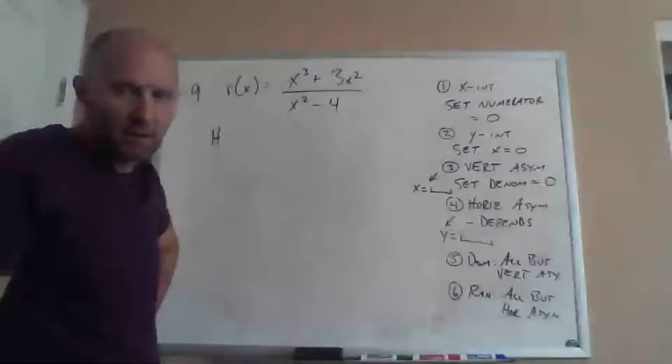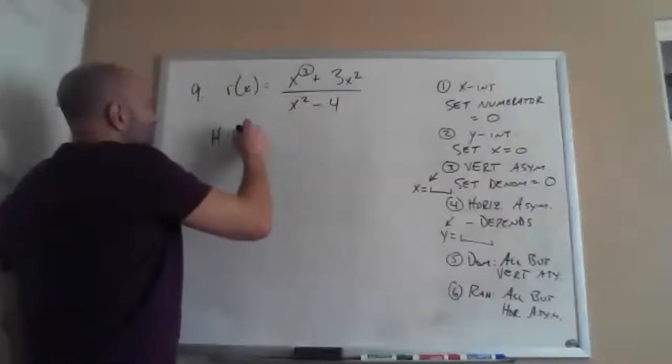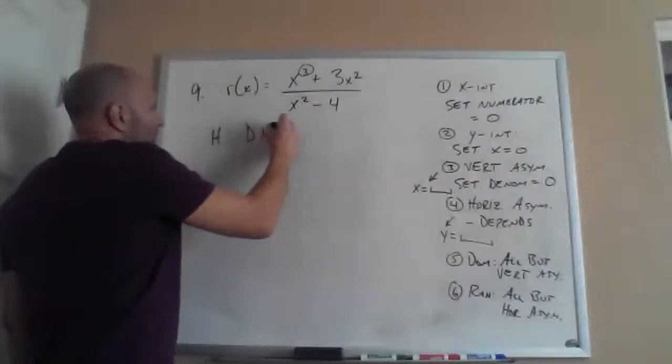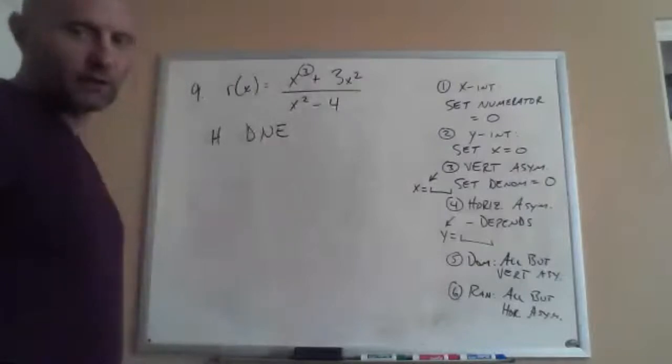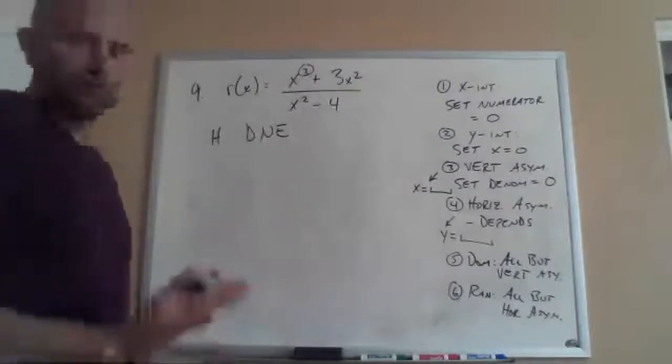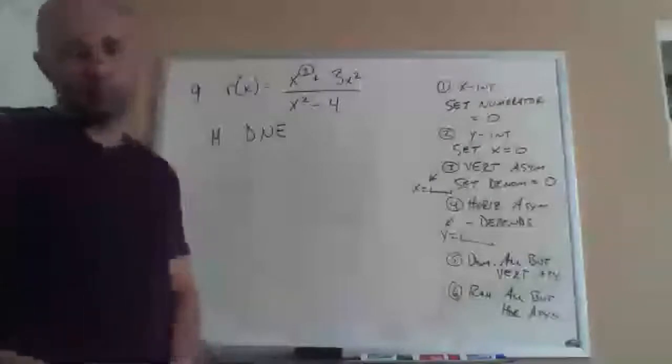Exactly. So no horizontal. When the larger exponent is in the numerator, it means no horizontal. And I think WebAssign says put DNE. So yeah, exactly. No horizontal asymptote. So does that make sense to everybody before I move on? Why we have no horizontal asymptote here?